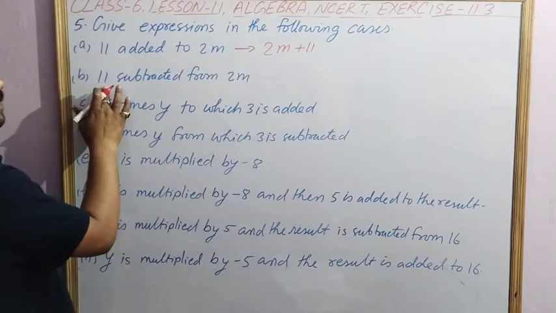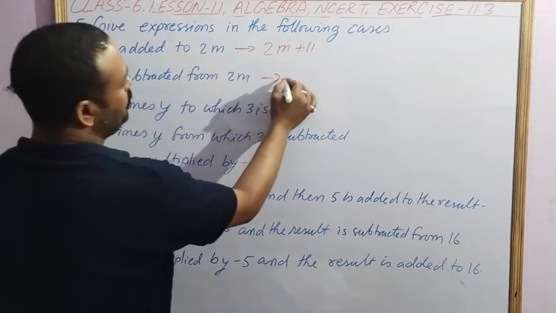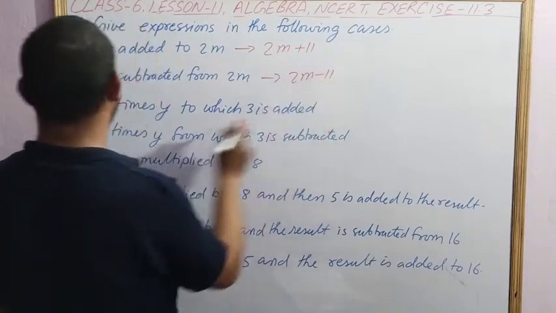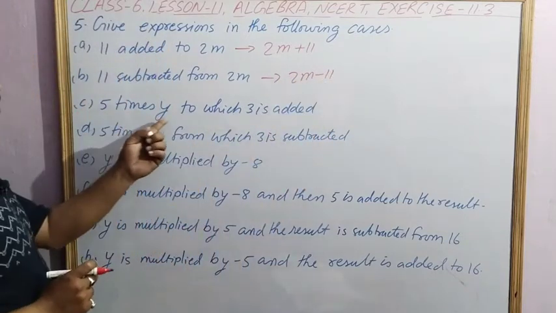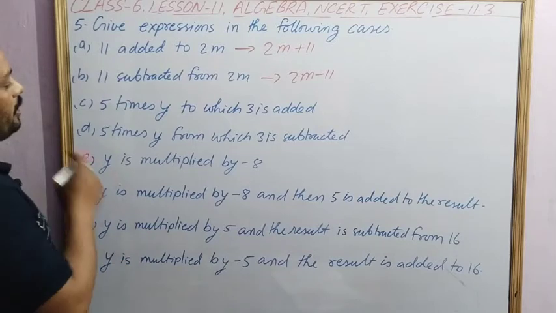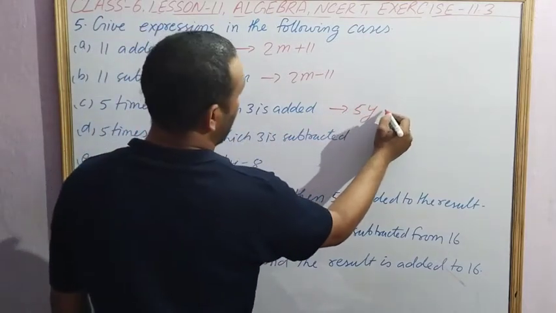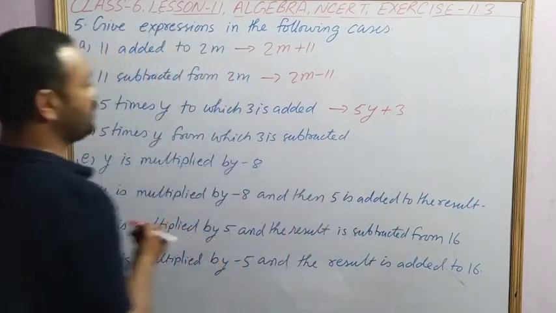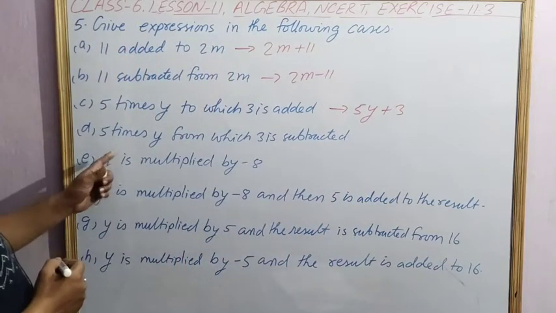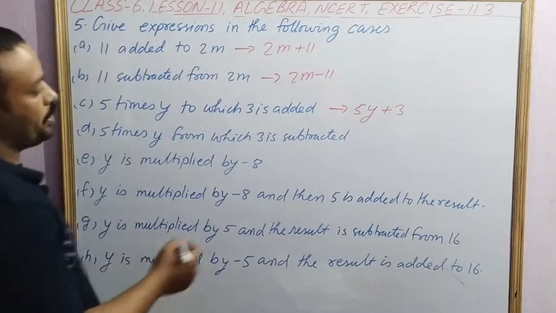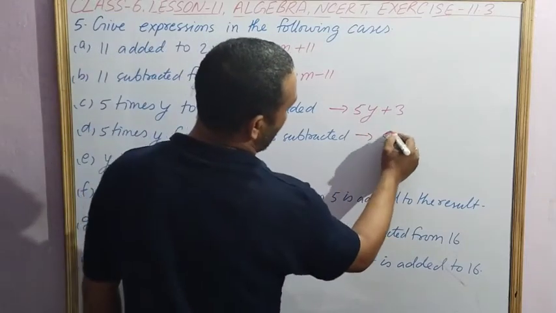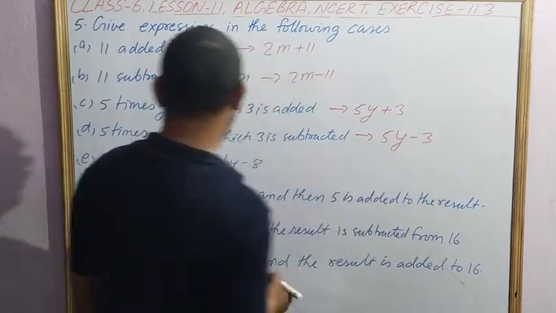Second, B: 11 subtracted from 2m, that means 2m minus 11. C: 5 times y to which 3 is added. 5 times y means 5y, in which 3 is added means plus 3. D: 5 times y from which 3 is subtracted means 5y minus 3.